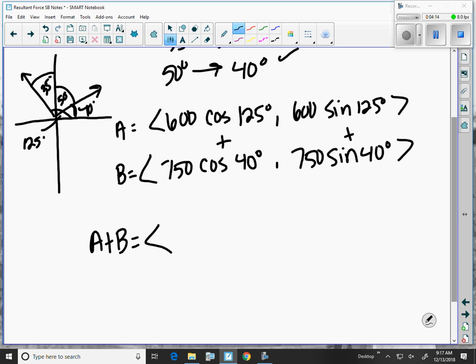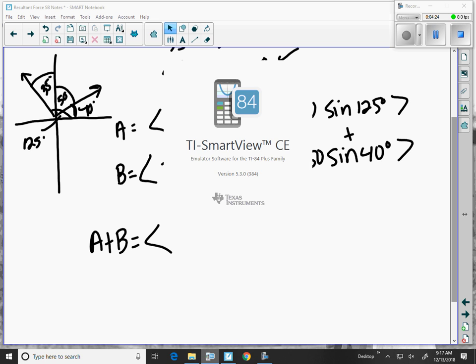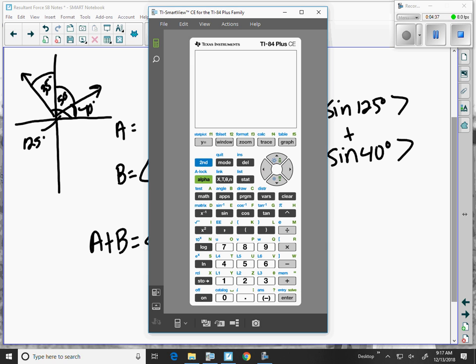So would you have to actually physically put, like, 600 cosine 125 in parentheses, plus parentheses 750 cosine 40? I'll do it up here. I was just asking because they don't intermingle in ours, so I didn't know if it was different on yours. What do you mean? When I'm entering it in, whether I need to put each of the components in parentheses.